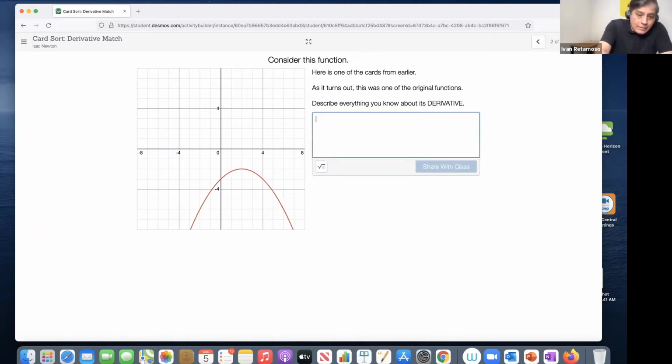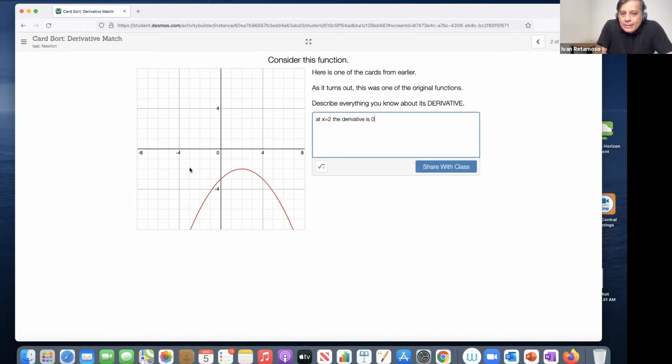So I could write, at x equal 2, the derivative is 0. And I want you to keep this in mind, guys, for the lectures that are coming next week. This will be extremely important. Turns out wherever you see a crest, a peak like this, then the derivative is always 0.